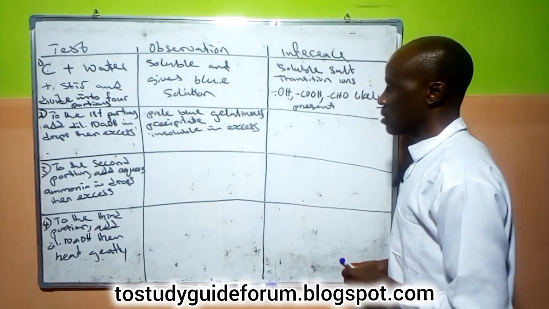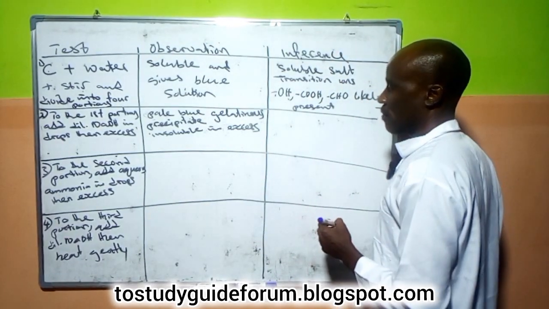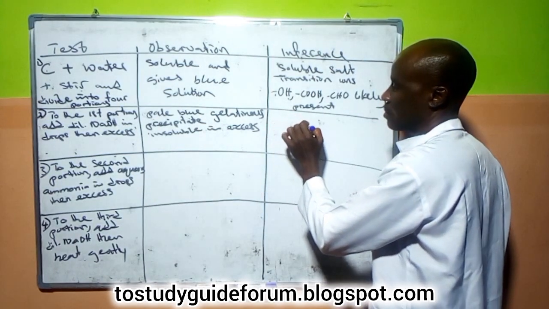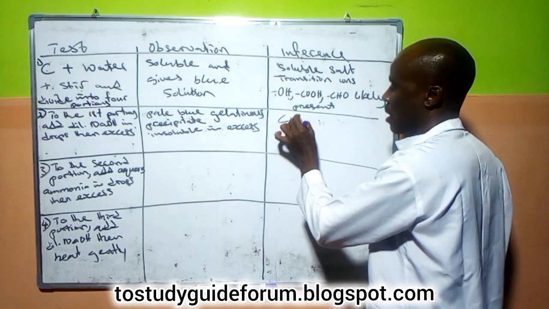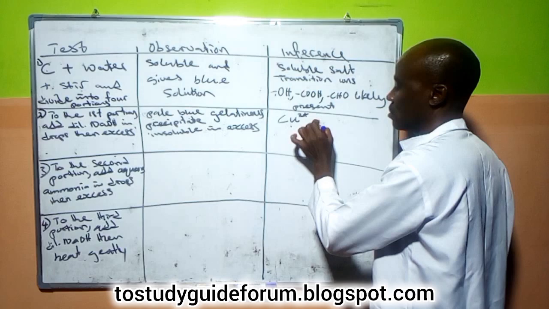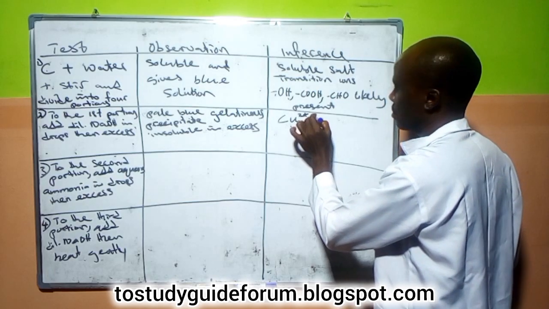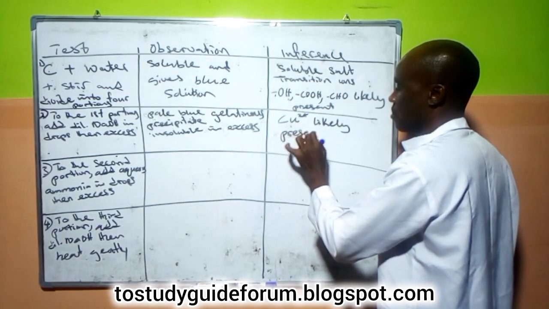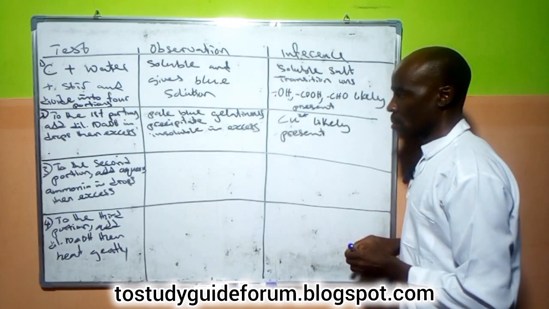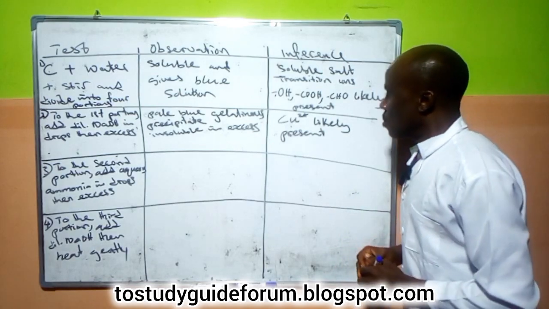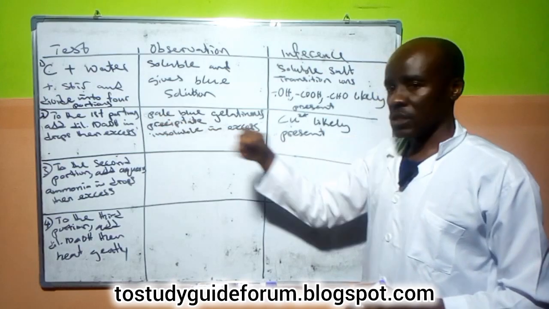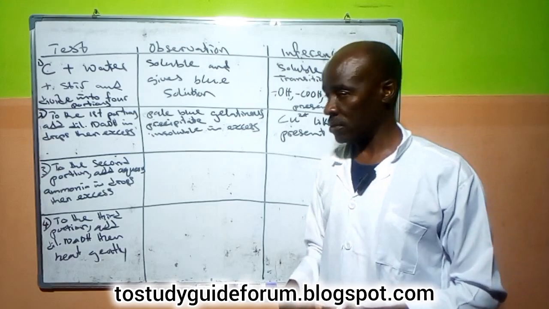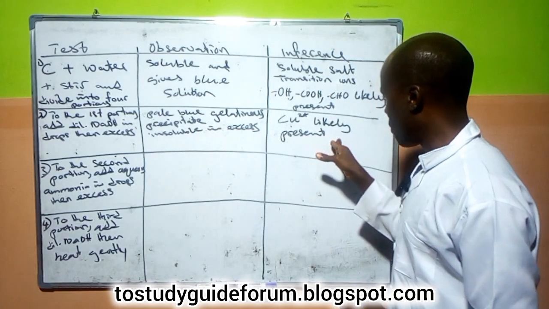That gives us what we have here: since it's pale blue, it means that copper 2 ion is likely present. This is one of those predetermined tests for copper ion. So we have copper likely present.